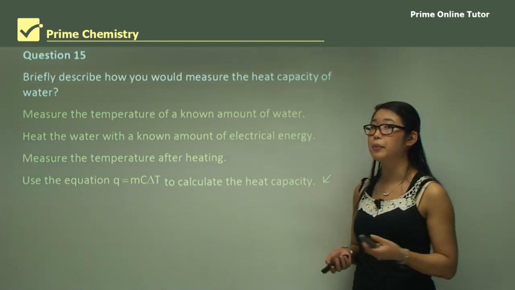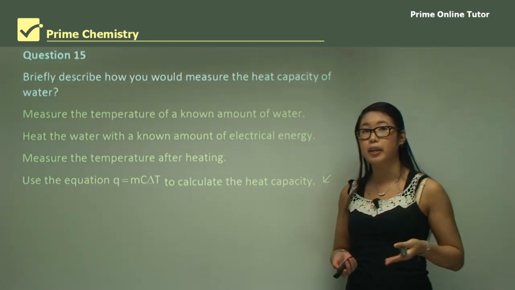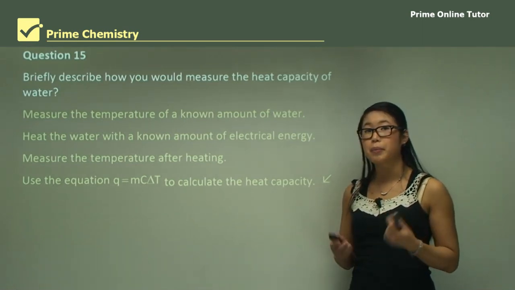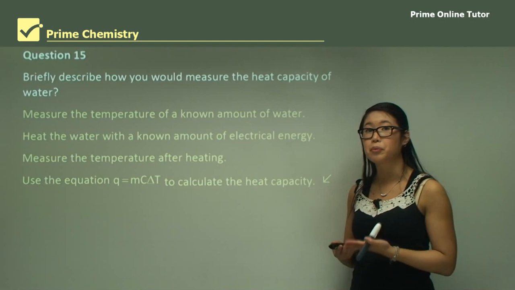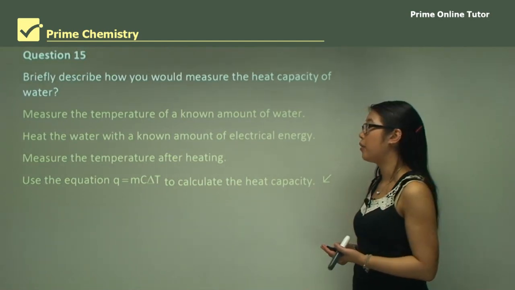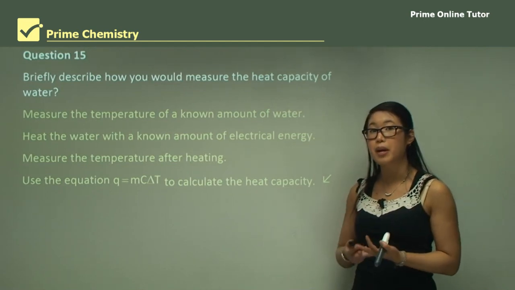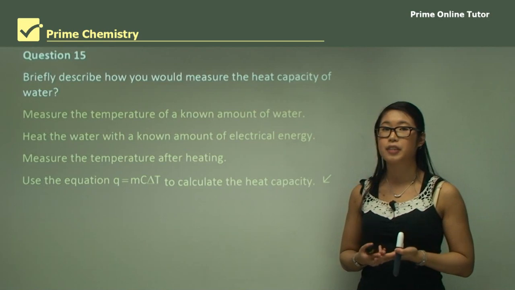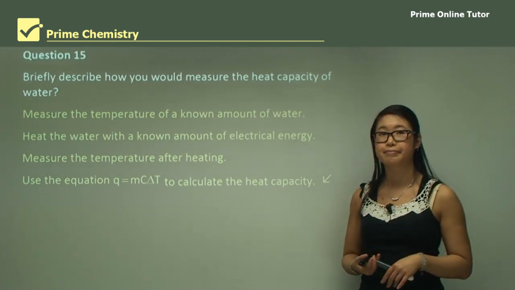So what we were doing today was looking at calorimetry and its application to looking at the heat capacity of water. The heat capacity is the amount of energy needed to change the temperature of it, and if we know the amount of energy we're using, the mass of the water, and the change in temperature, we can calculate the specific heat capacity of water.